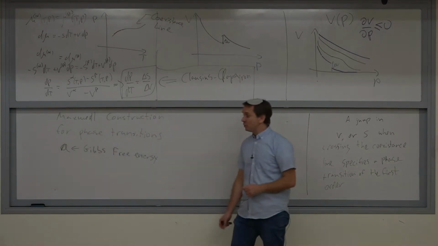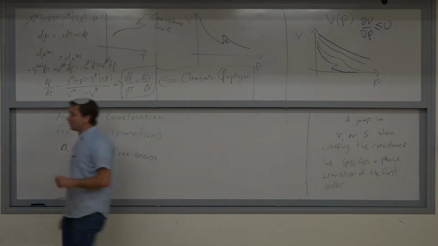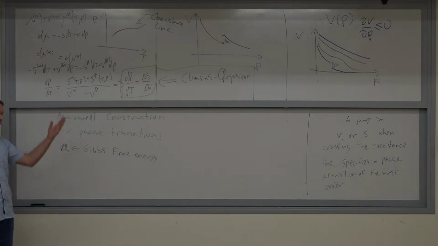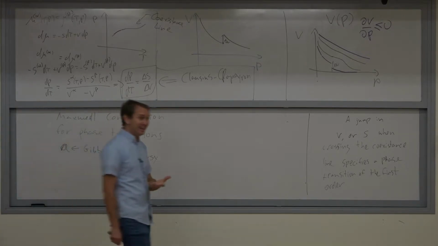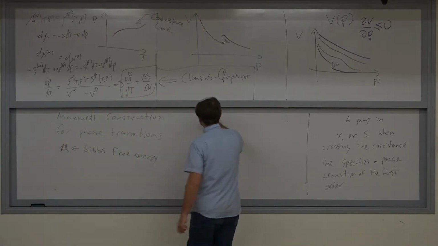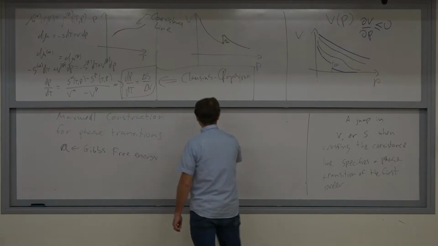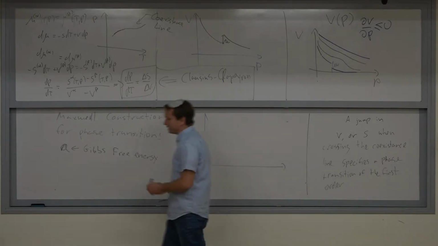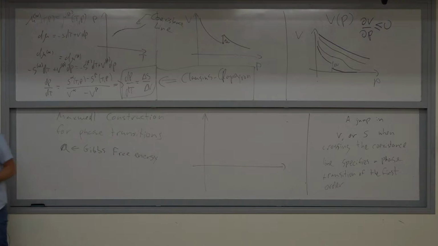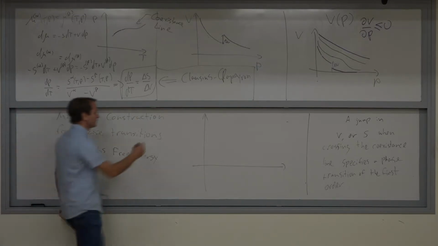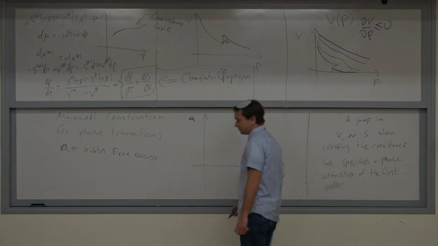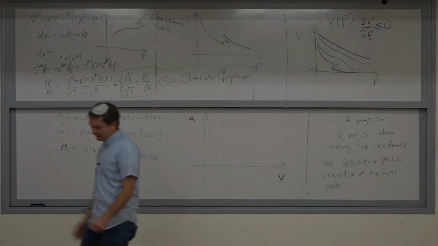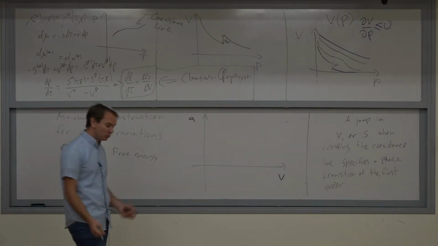And now what they want to do is basically to construct the behavior before the phase transition, after the phase transition, and at the time of the phase transition itself. So if they had A, and they plot it as a function of V. Why? Well, it's some sort of a free energy.